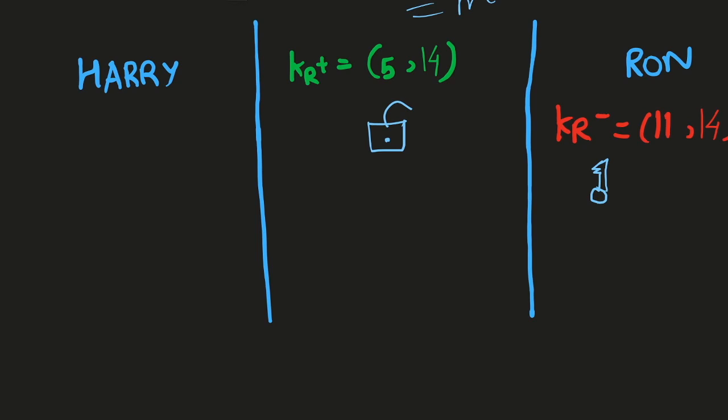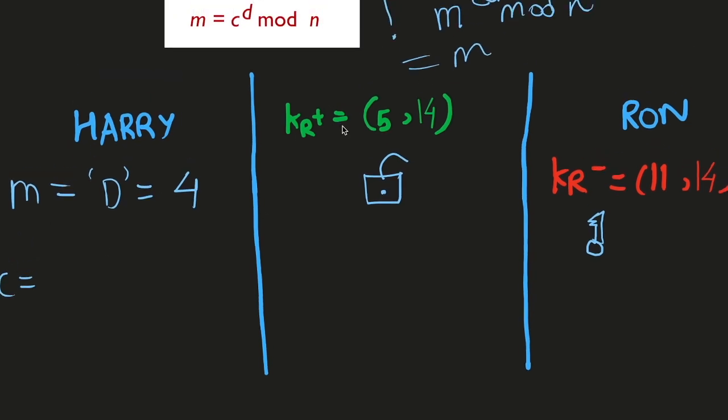So let's say I want to send the letter D to Ron, and D would be the fourth letter of the alphabet. So I'll make the encoding 4 to represent D. Now to generate my ciphertext, I'll have to use Ron's public key.